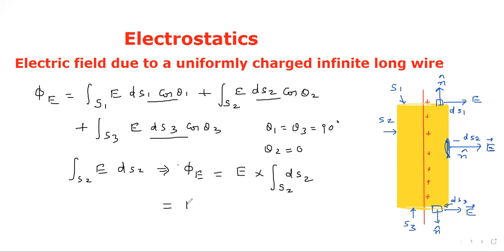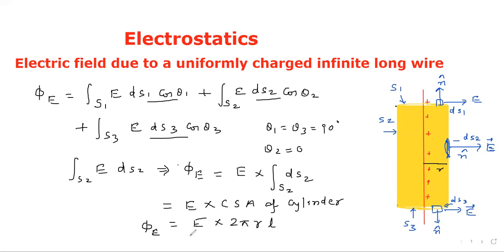So we write it as E into the CSA of the cylinder. Here in this figure we can take this length as L and the radius as small r. So the curved surface area will be 2 pi r times h, and h is taken as L. So this is phi E.